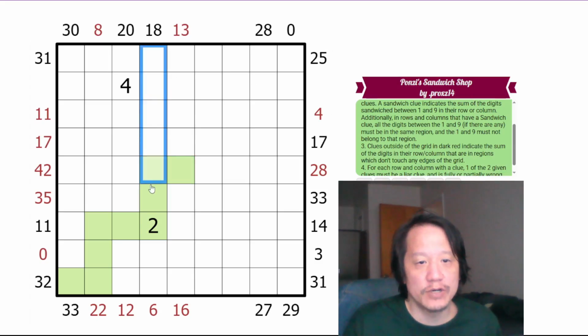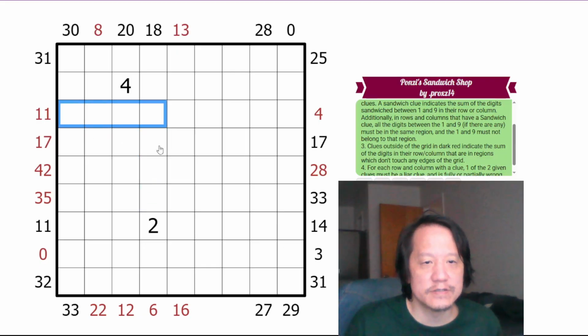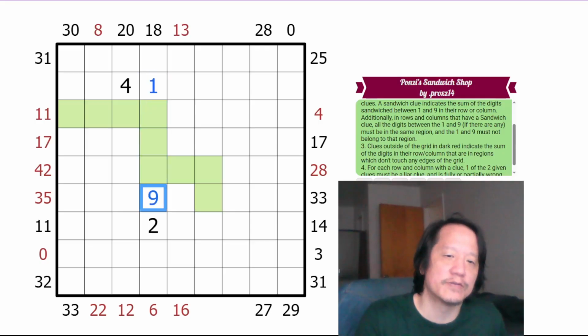So, for example, could this work? No. I guess we could do something like this. That doesn't work. It's not a 1 or 9. Let's say we had a region like this. And say that we had a 1 here and a 9 here.